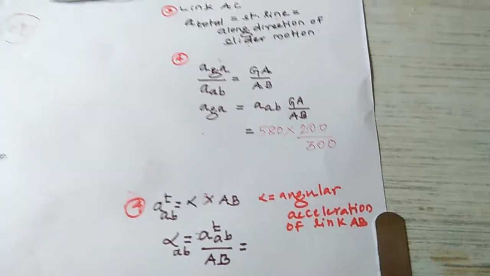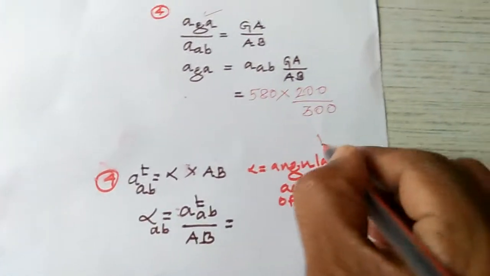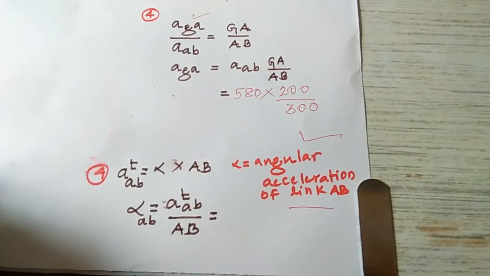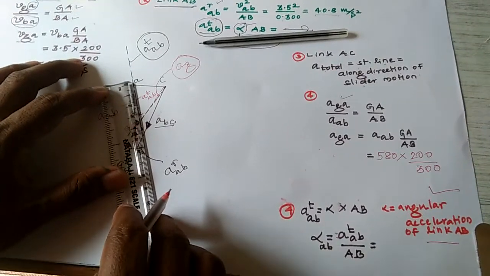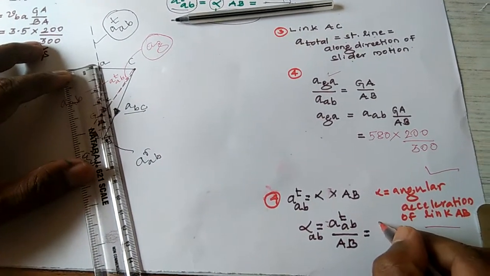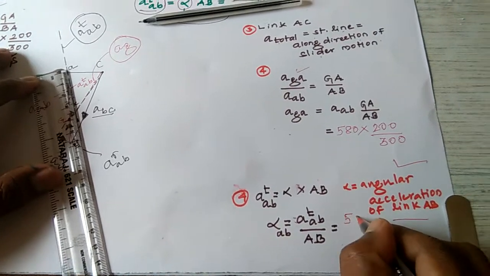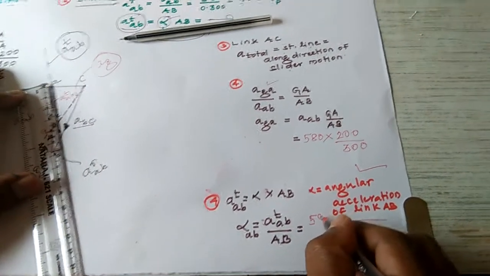Then once again you have to find the tangential. To find the angular acceleration of the link AB, you have to find the tangential, what is the length? It comes nearer to 600. This tangential comes as 580, or something like 590. It is nearer to 590, I think.